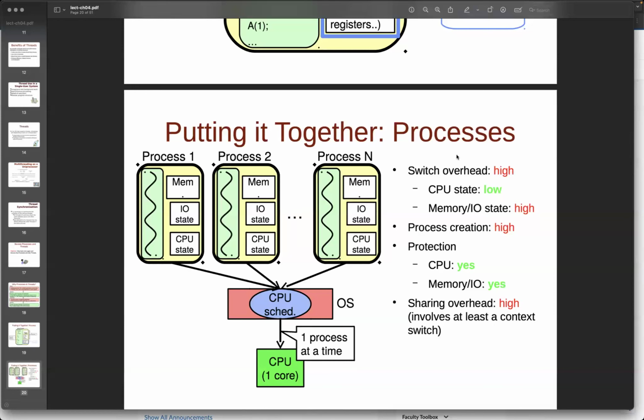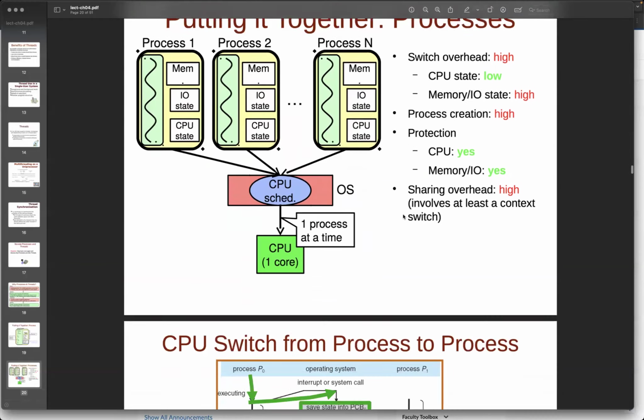The switch overhead is always high, but the CPU state is always low, and the memory state is always high when you're executing. Process creation is also really high. Protection of the CPU, yes, we do it, and memory IO, yes, we handle it. Sharing overhead is really high and involves at least a context switch. That's how the process works.